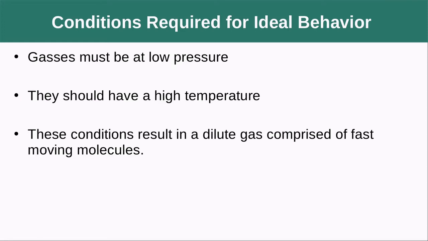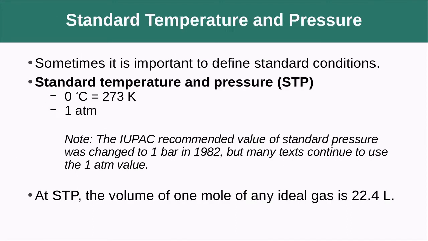If you think about it, that makes sense that we can assume that they're not going to interact with each other when they're moving really fast and they're nowhere near one another. Also, if it's very dilute, there's not a lot of gas in there, then the volume of the actual gas particles is going to be pretty small in relationship to the container, and you could assume that it would approach zero.